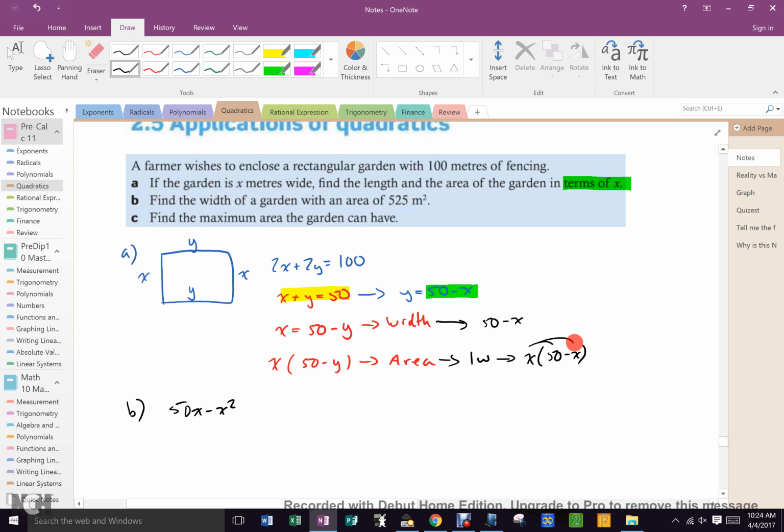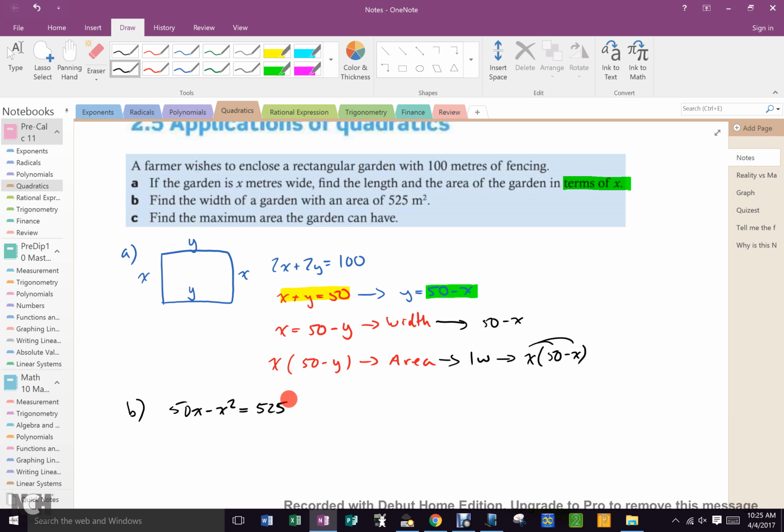Because I expand that out. And what does that have to equal? That's 525. Does this have all the components of some math that we can do? It's got a quadratic term, a linear term, and a constant.